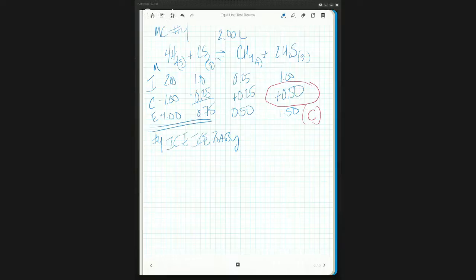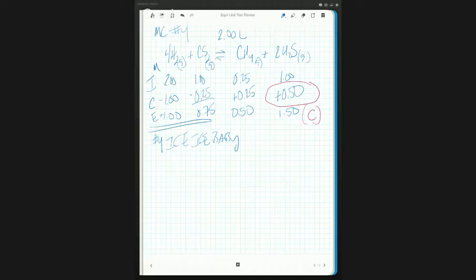So number 4 says, consider the reaction, CO2 plus H2 yields H2O plus CO. And wow, this is being set up very similarly. I guess I can see why you asked it. They're the same style question. Okay.